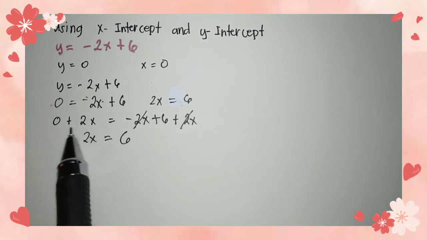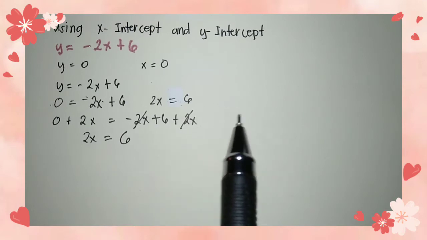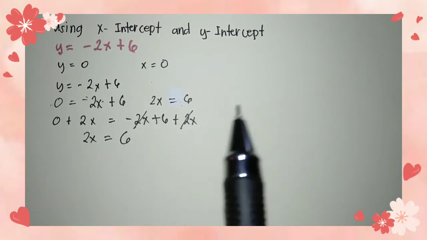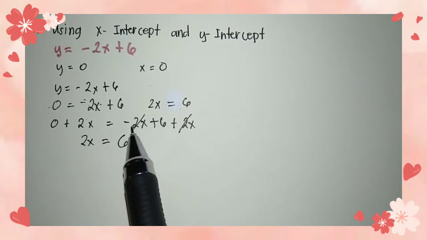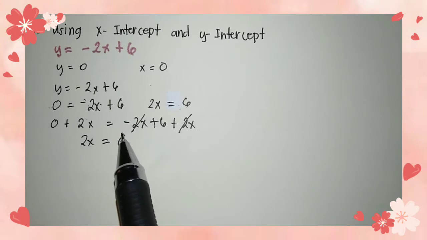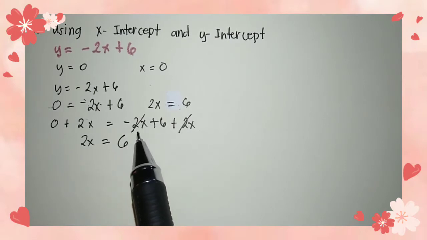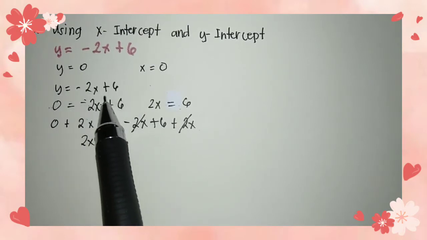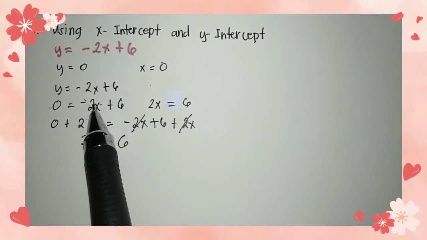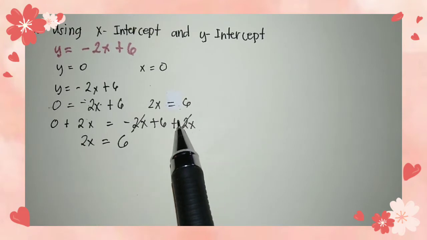And ito na naman yung long method, which is gagamit tayo ng addition property of equality. Remember na kapag gagamit kayo ng addition property of equality, kung ano yung i-eliminate nyo sa kanila, syempre, yun yung i-add nyo sa kanila both sides, okay? Since si negative 2x yung i-eliminate natin, since ito ay negative, positive yung ilalagay natin.